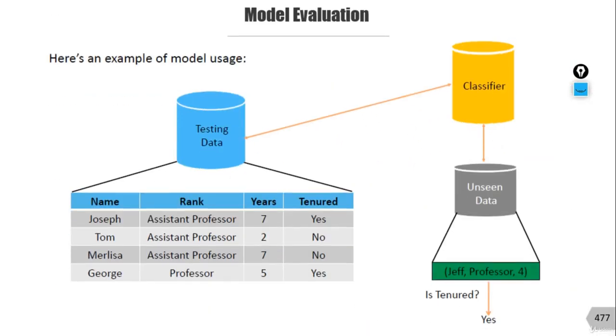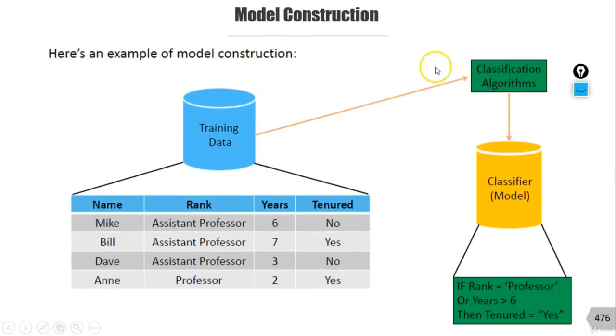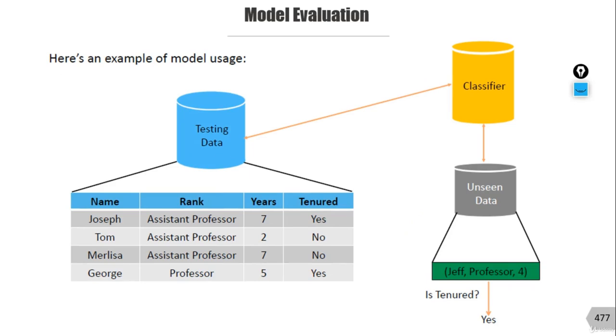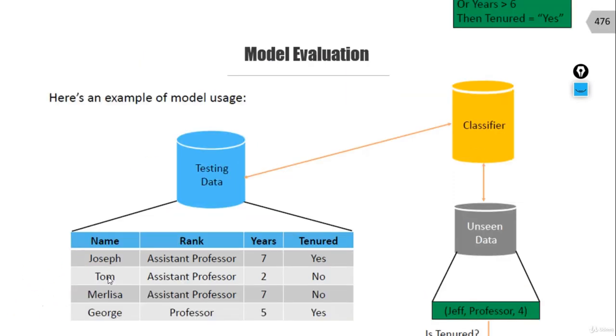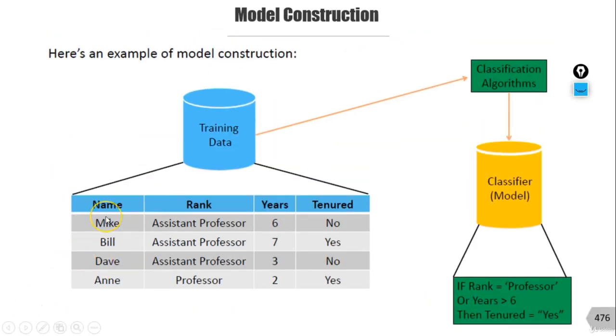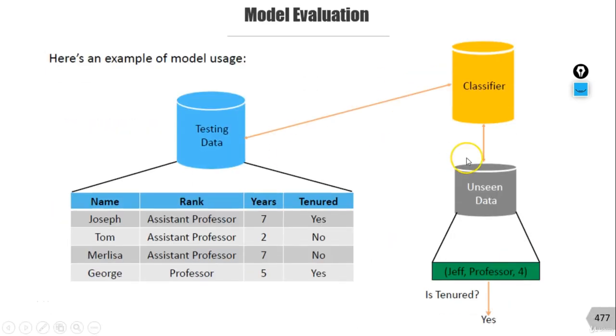Then model evaluation. Now, since you have already created this classifier or this equation, how do you evaluate? You can divide your total data set into train and test. If you see, this is the testing data set and the names are different: Joseph, Tom, George, which are not there here, right? So how would you get the test data set?